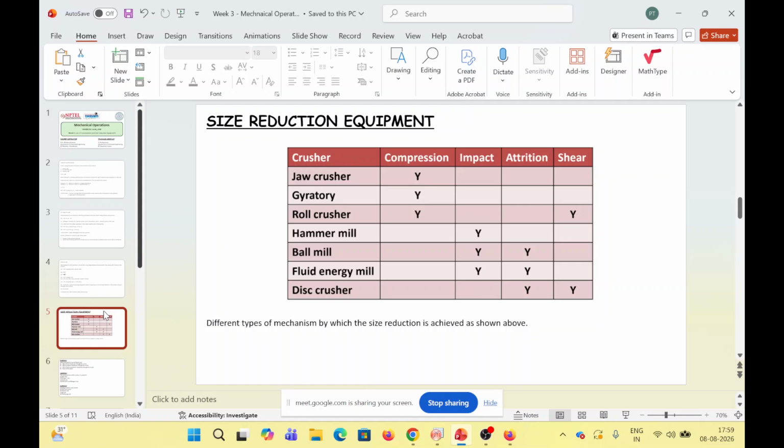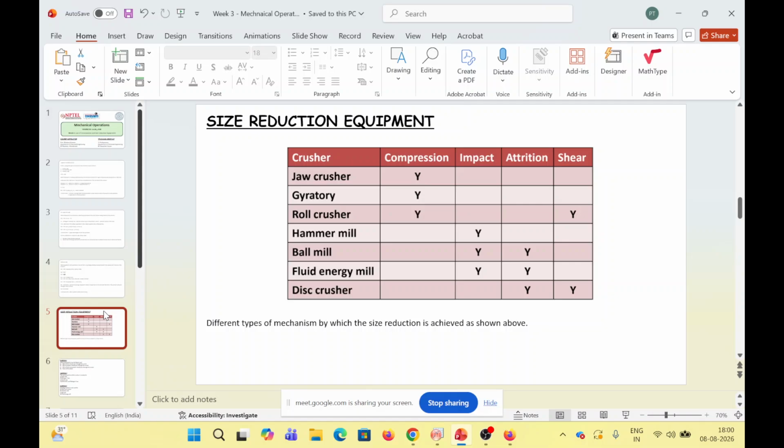In these particular cases, as engineers, it becomes important for us not just to know how to do the particle size distribution analysis of the products that we obtain from the crushing or size reduction equipment, but also the working principle behind them, so that we can judge, if I need a material of a particular size, what kind of equipment I need to choose, and what its working principle should be, or how it will be able to produce that material.